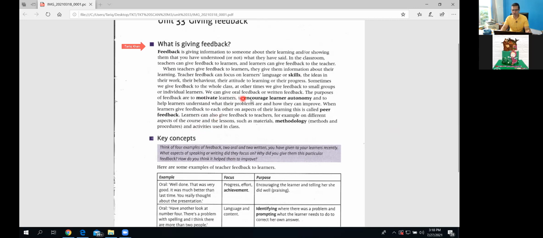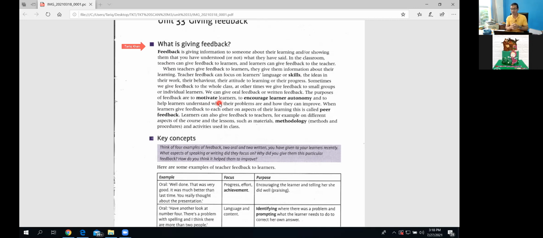We can give oral feedback or written feedback. The purpose of feedback is to motivate learners. Now that is the main thing here. What's the purpose of feedback? It is motivation for the learners. They need to be motivated by your feedback rather than demotivated.